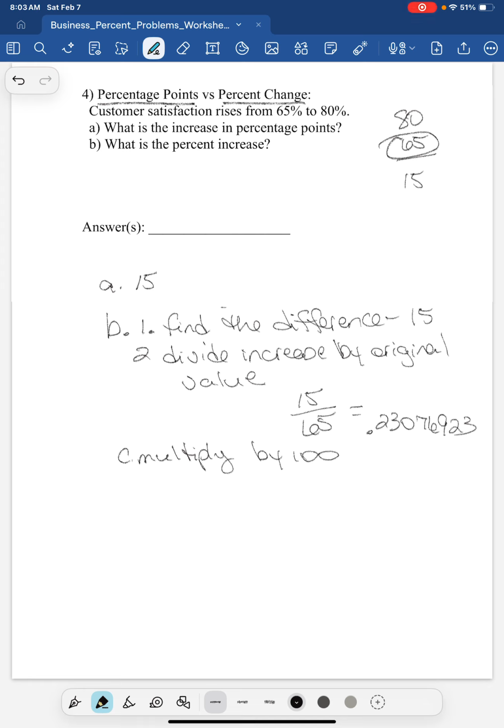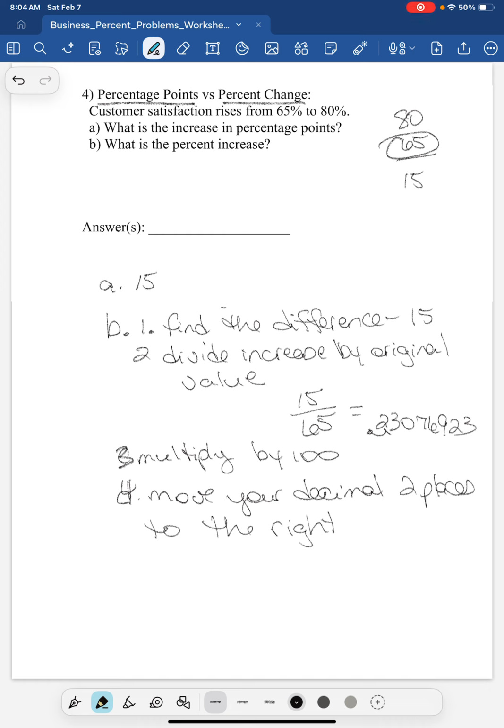But the easier thing to remember to do is move your decimal 2 places to the right. 1, 2. And there's a 0 here, so we're going to round that. It's going to be 23%. You had a 23% increase.